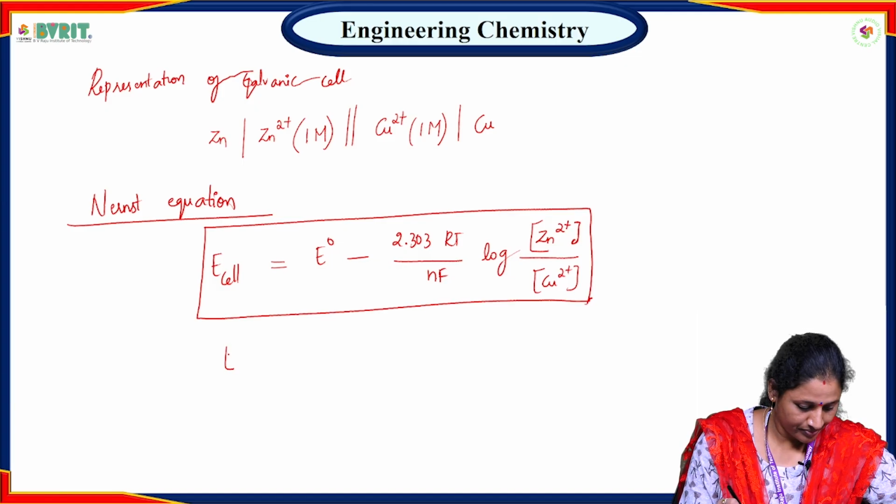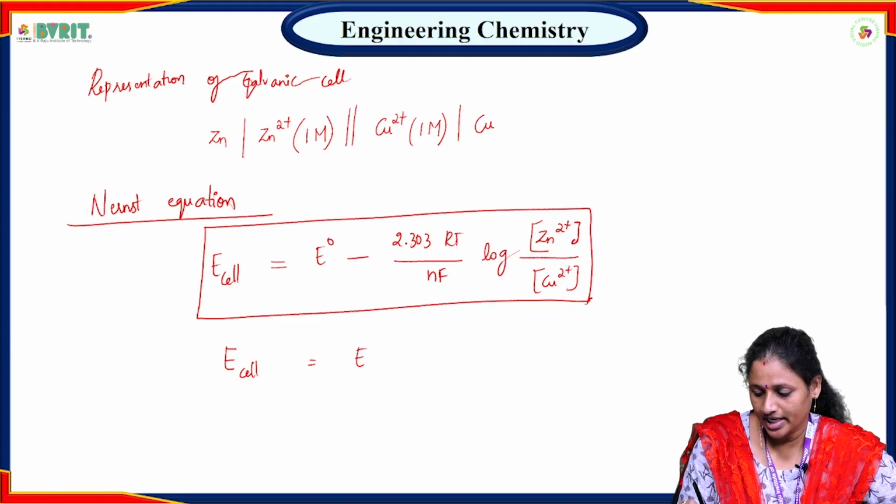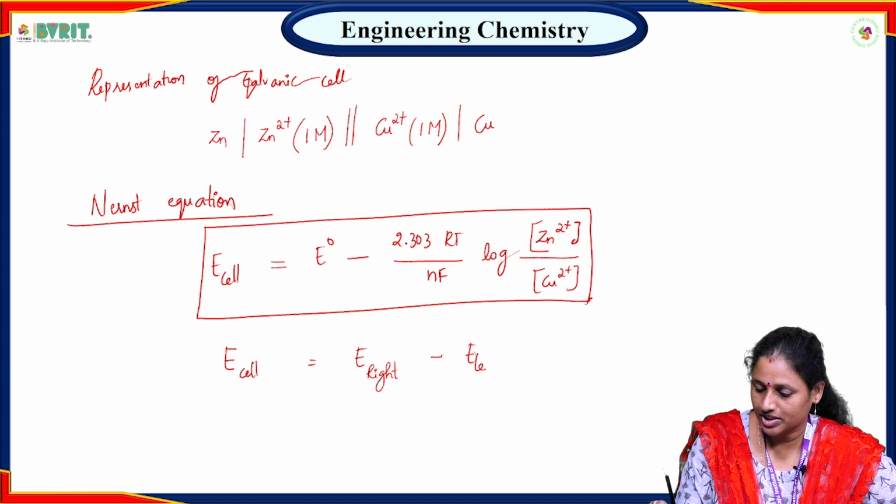Now E cell can be written as E right side, that is copper, minus E left.